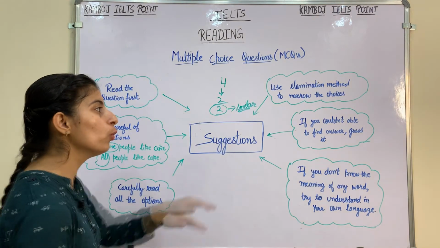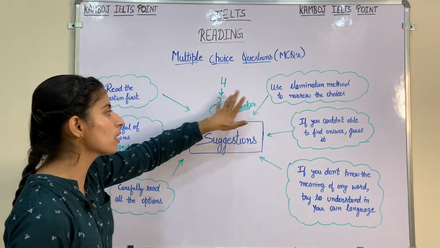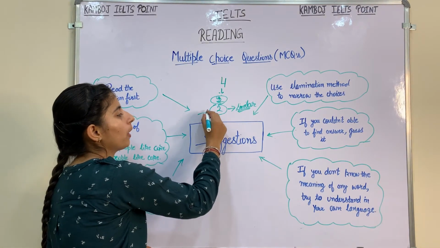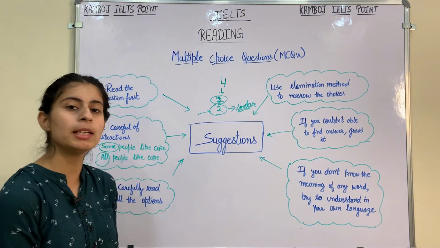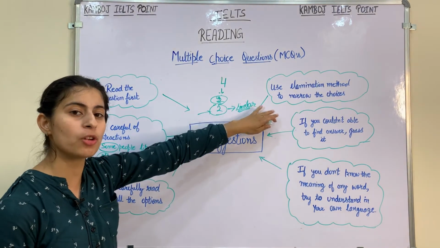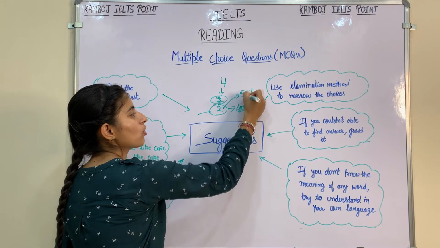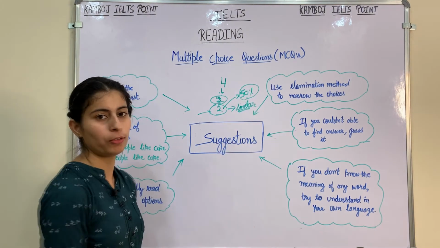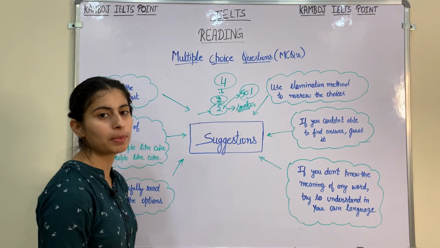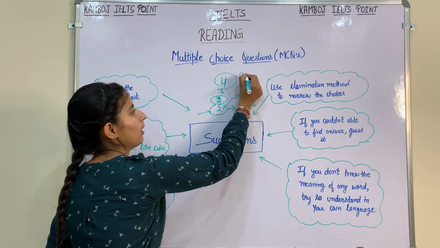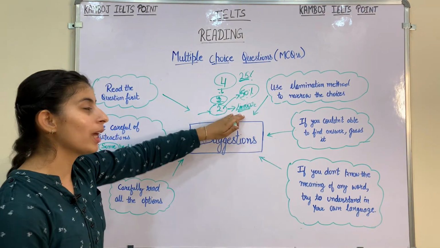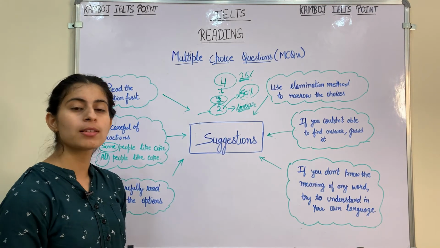So you can use the elimination method to remove the 2 options that are different. Then you only have to pick 1 from 2. It would be easy. The chances of getting success are higher if you use the elimination method. The chances of getting success are 50-50, but otherwise the chances of getting success are 25% only. So you can see the difference. So use the elimination method, then it would be easy for you to get success.